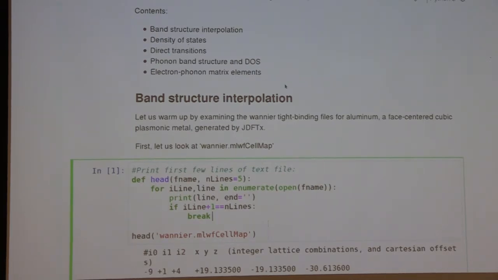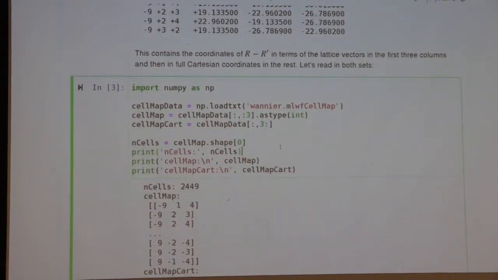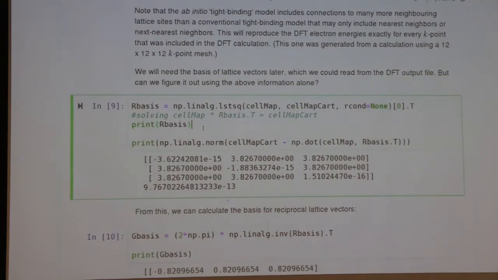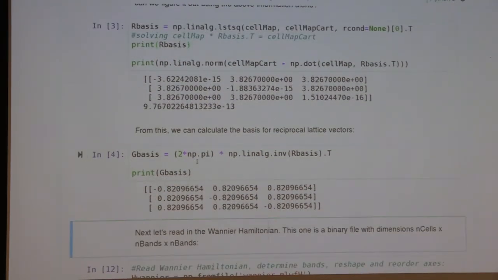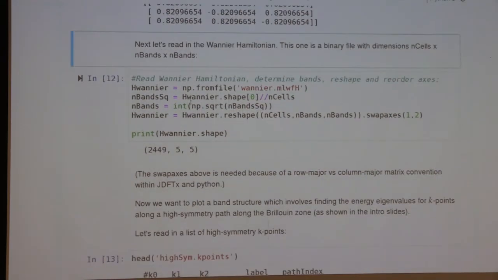So what we started with was examining the cell map file. We looked at it in integer lattice combinations and Cartesian coordinates, right? From that, we figured out that we could determine what the basis of lattice vectors are by solving this least squares problem. Inverting that matrix gave us the reciprocal space basis.